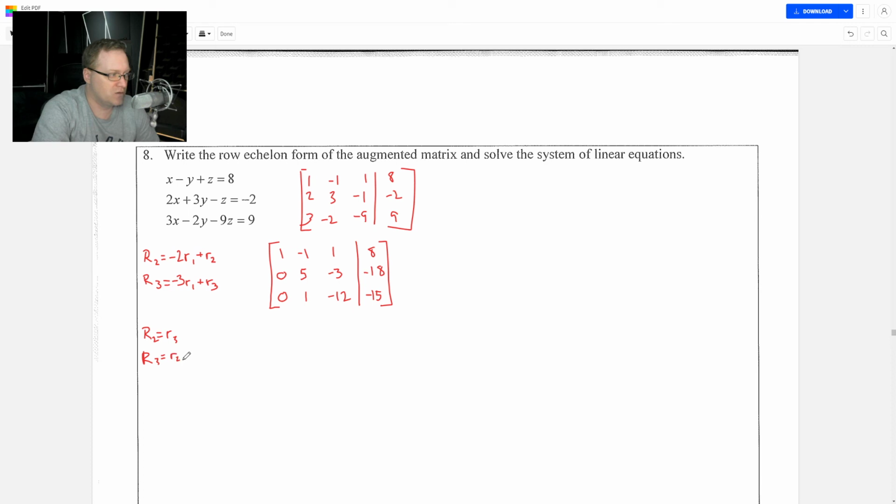All right, so let's write our matrix here. We're going to have 1, negative 1, 1, and then we're going to have 8. And then we're going to switch these rows. So this is going to be 0, 1, negative 12, negative 15.